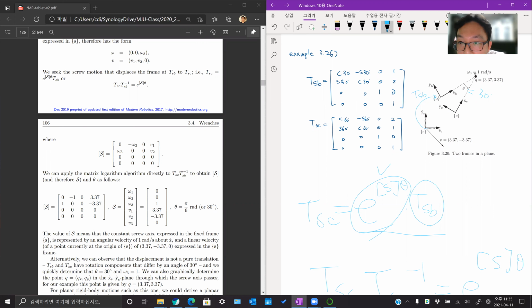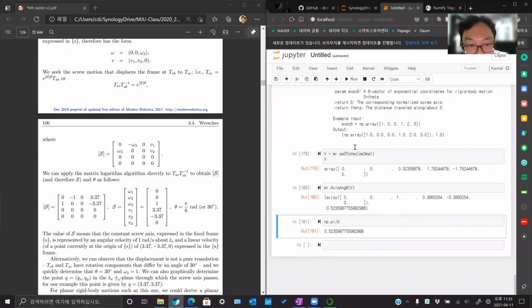Because TSB, using some screw rotation, becomes TSC, and this screw axis is the same as this motion. And in here, we found this theta value using this kind of calculation. So actually, we found the 30 degree.